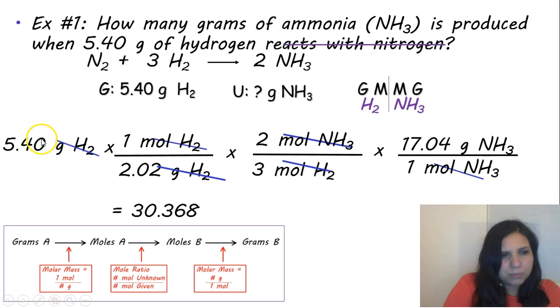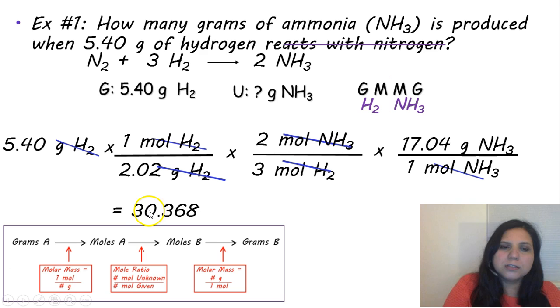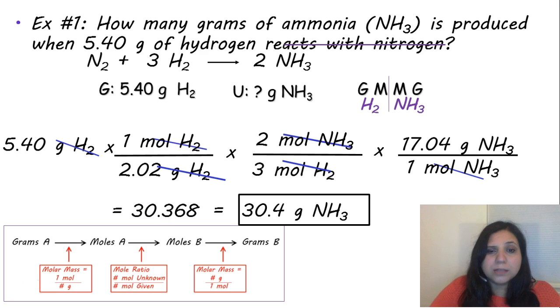This has 3, this one has 3, this has an unlimited amount of sig figs, and this one has 4. So 3 is the least. We're going to chop this off right here: 1, 2, 3. So the 6 will bump up the 3 to a 4, and my answer becomes 30.4 grams of ammonia.